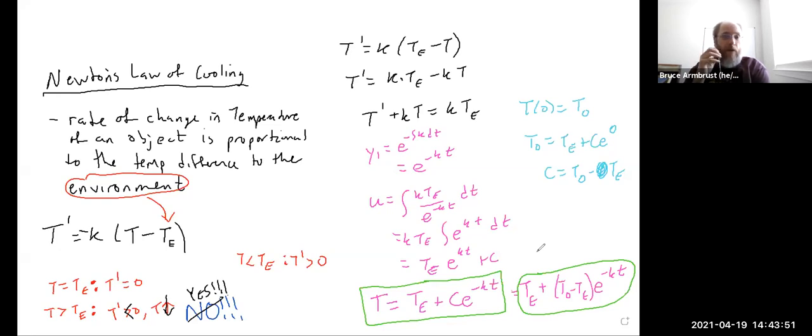If it's something that's very well insulated and doesn't allow for much heat transfer, then that's going to be small. But regardless, think about what's going to happen as T goes to infinity. As T goes to infinity, this piece, e to the minus KT, goes to 0. And so we get the environmental temperature.